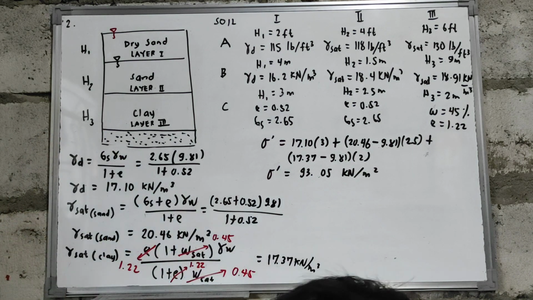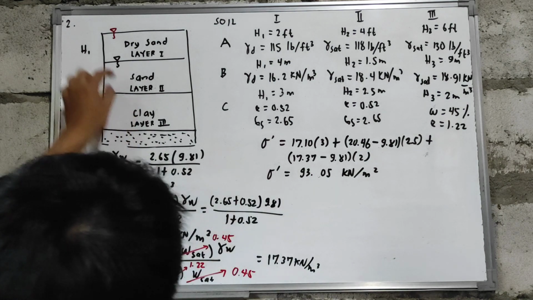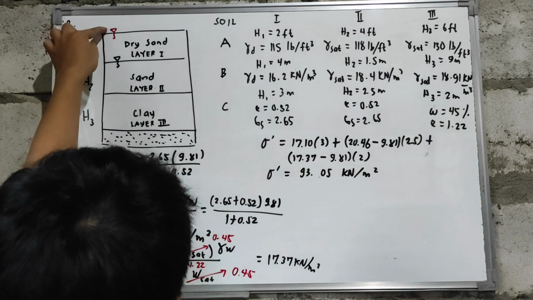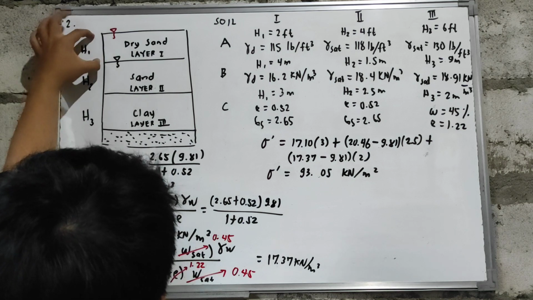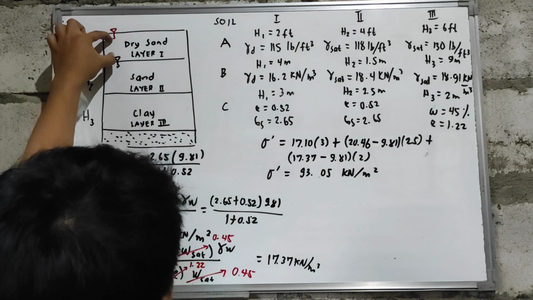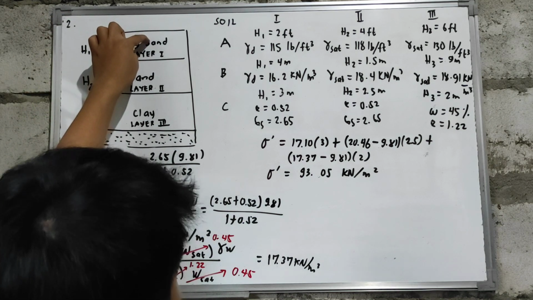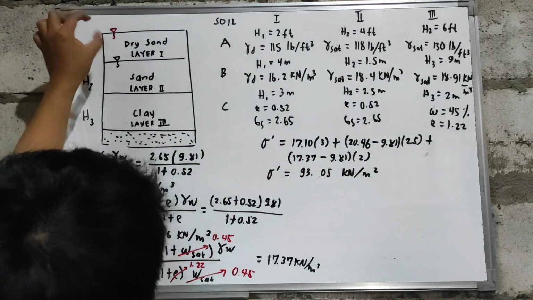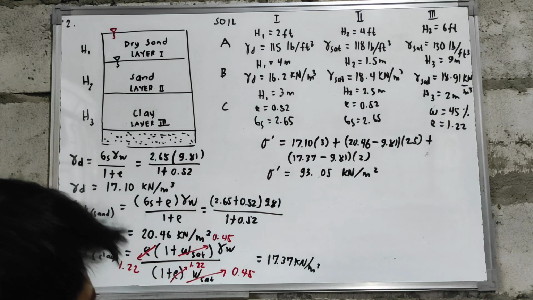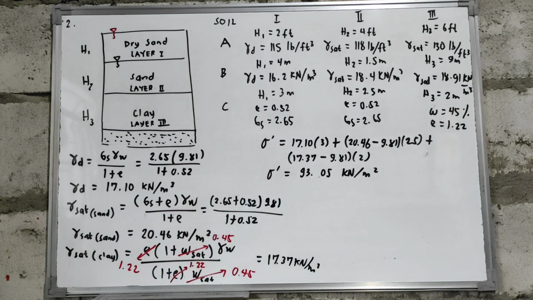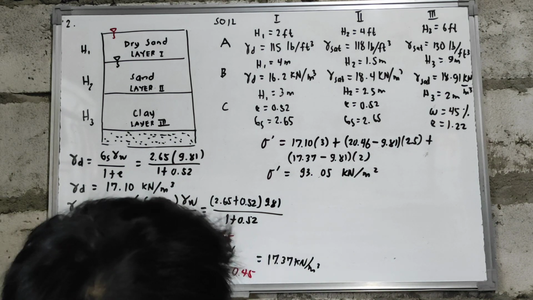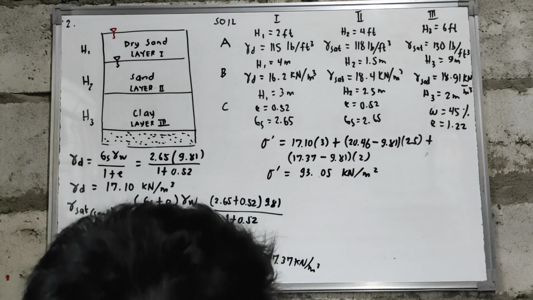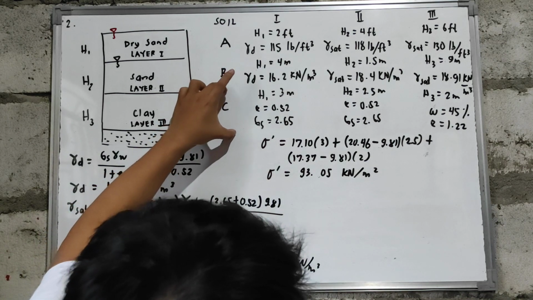Ngayon, tinatanong sa problem, what is the change in the effective stress at the bottom of the clay layer? So, hahanapin ngayon natin yung stress natin at the bottom ng clay layer at ko-compute natin yung change dun sa effective stress. So, kung nandito na yung groundwater table natin, mangyayari yung first layer natin, magiging saturated sand na siya. So, instead na gagamitin natin yung dry unit weight, gagamitin natin yung saturated unit weight. So, for this problem, nakalagay dito, refer to problem C, or dito sa soil C natin.